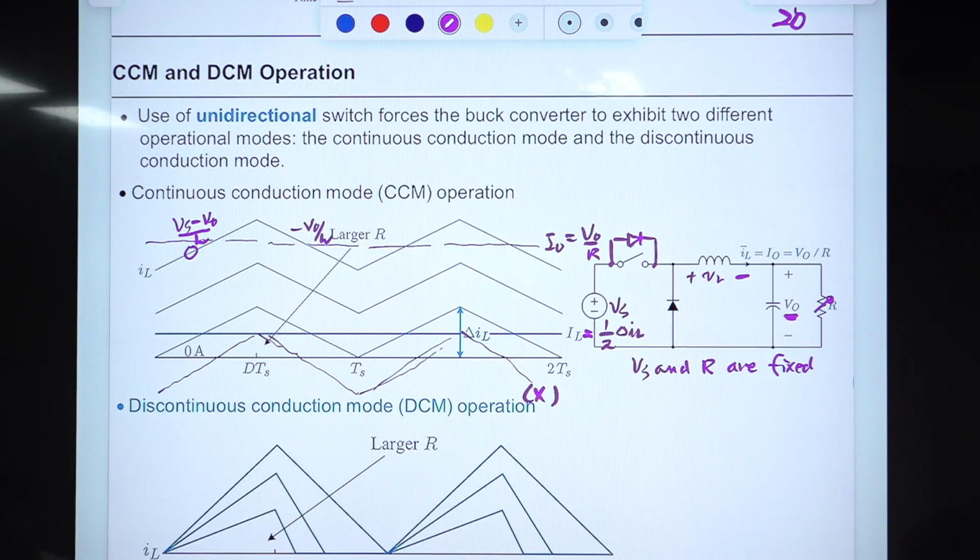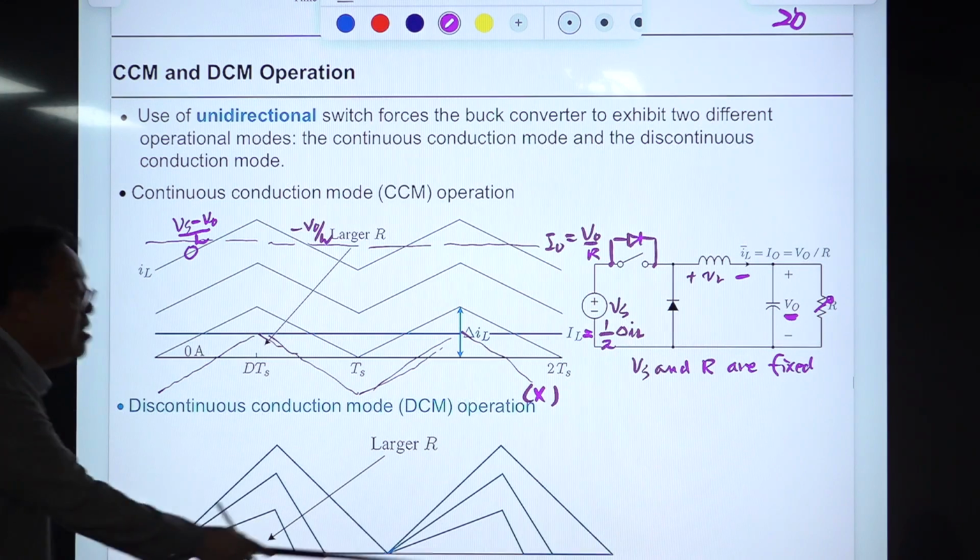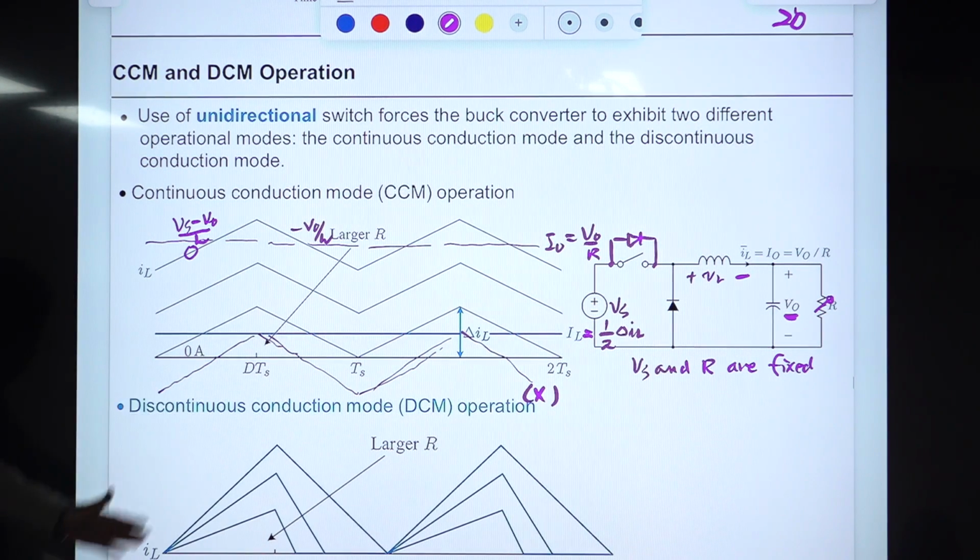Then actually what will happen is shown here. It increases this. It is the same as this one. It starts from 0, reaches the peak value, decreases to 0, and increases like that. You further increase R, then you will have this and this.